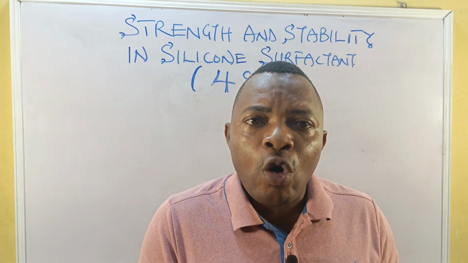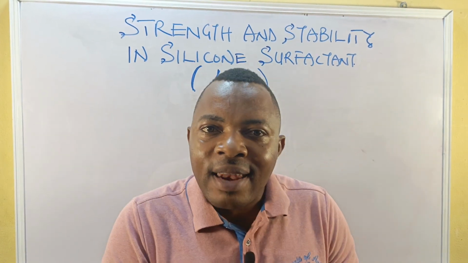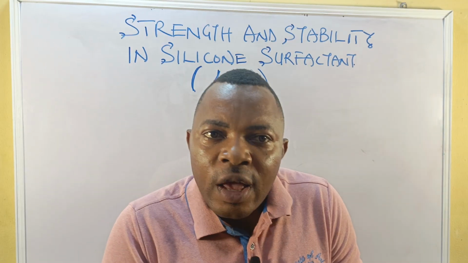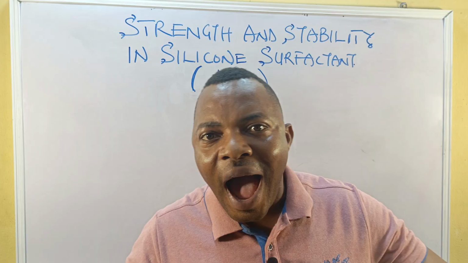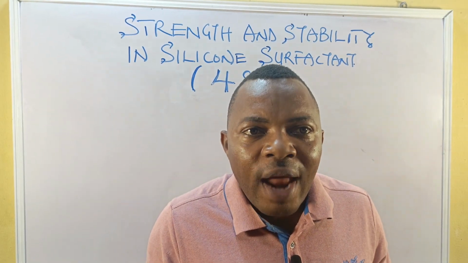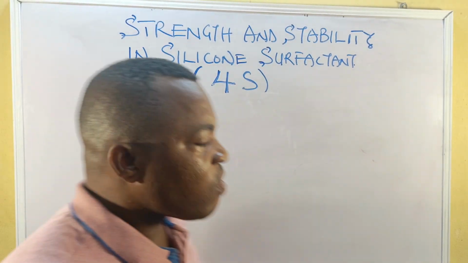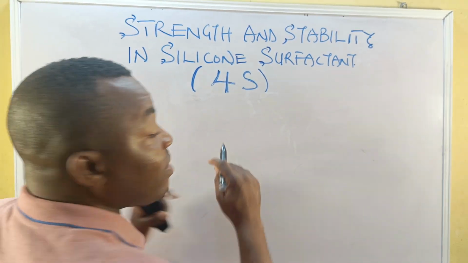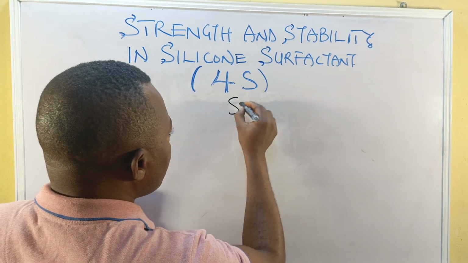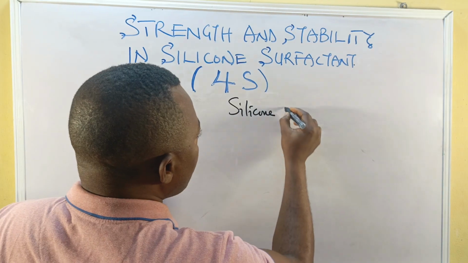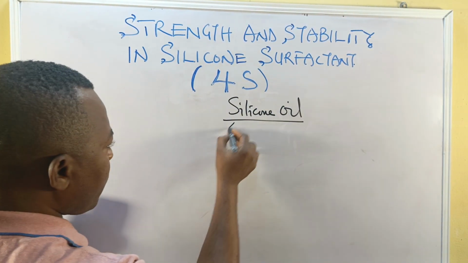So as a chemical user, you must understand this. Unlike silicone, you see low, medium, high silicone. The manufacturer will clearly state it there. And by this, it means that silicone comes in three forms. This is silicone oil. You can call it silicone oil or silicone surfactant, it's still the same.